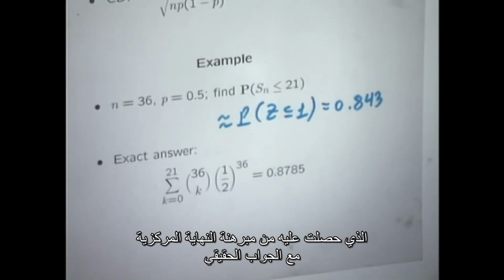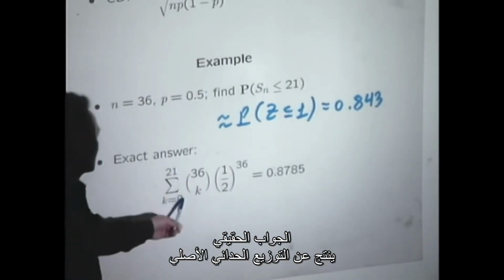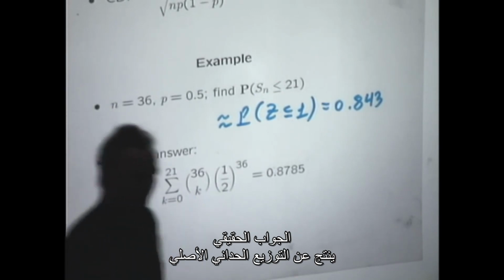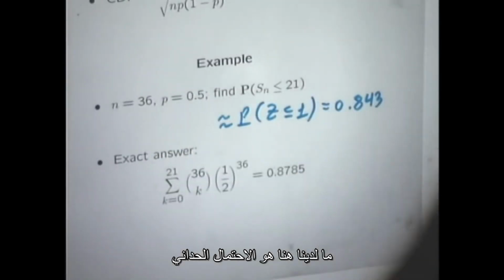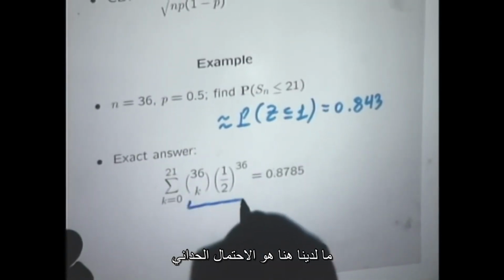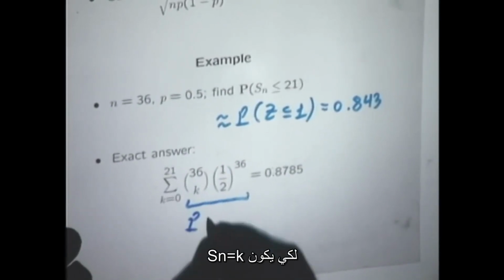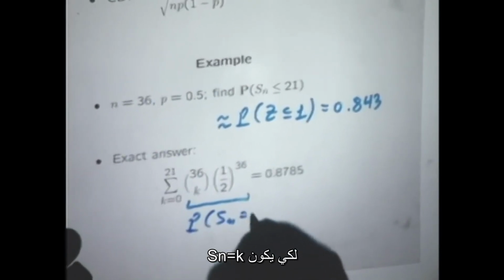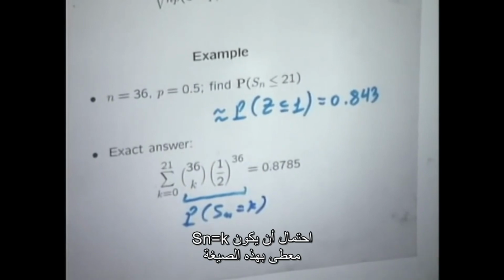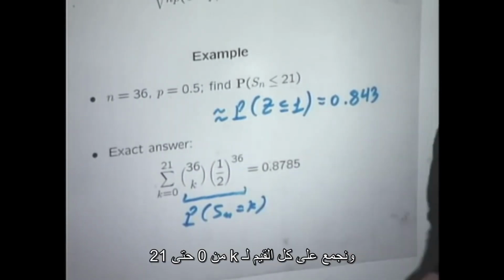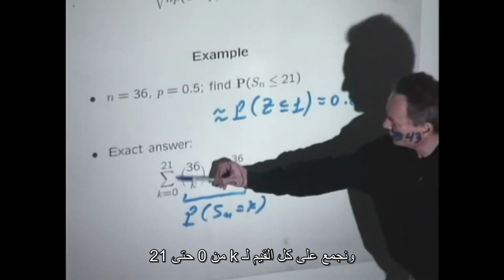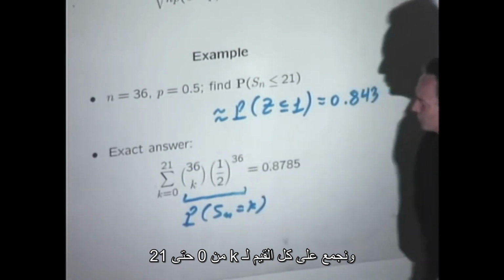Now, it's interesting to compare this answer that we got through the central limit theorem with the exact answer. The exact answer involves the exact binomial distribution. What we have here is the binomial probability that Sn is equal to k, given by this formula. And we add over all values of k going from 0 up to 21.